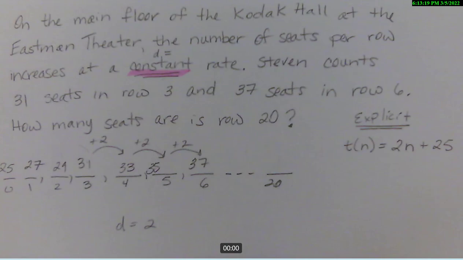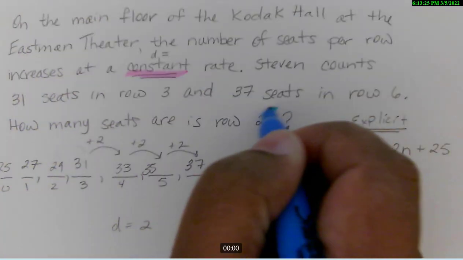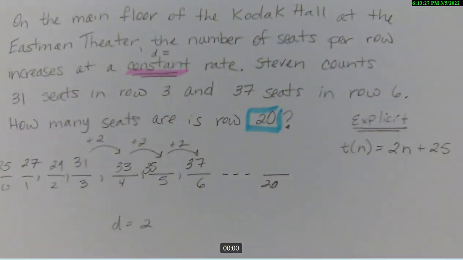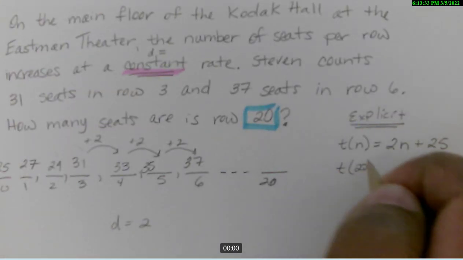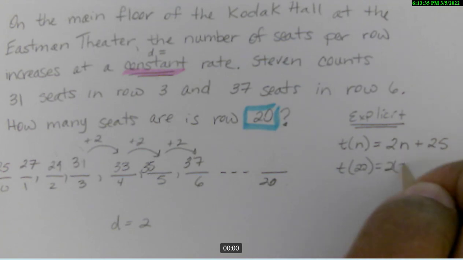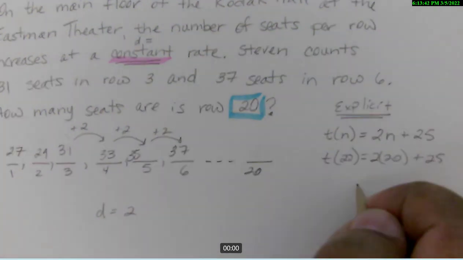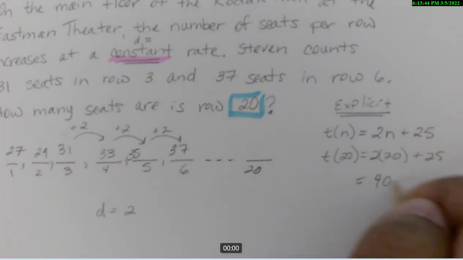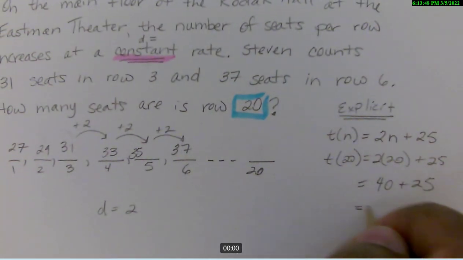Okay, so they're trying to get us to find row 20. They want us to find row 20. We can find row 20, no problem. Row 20 is going to be t of 20. 2 times 20, and then add 25. 2 times 20 is 40. 40 plus 25 is 65.